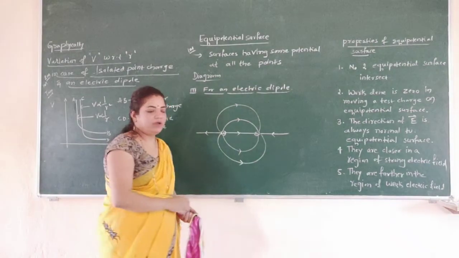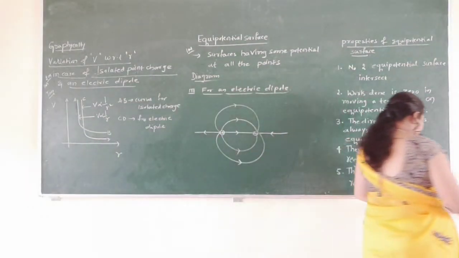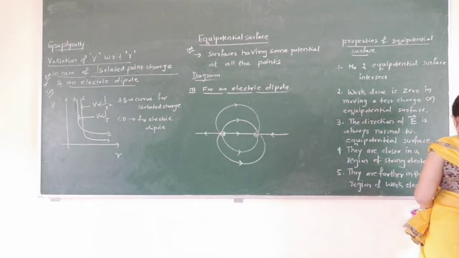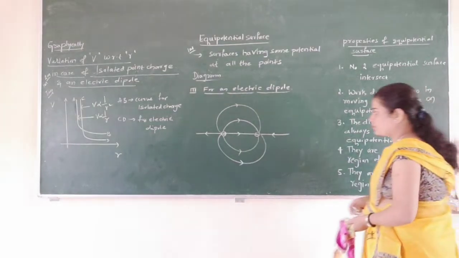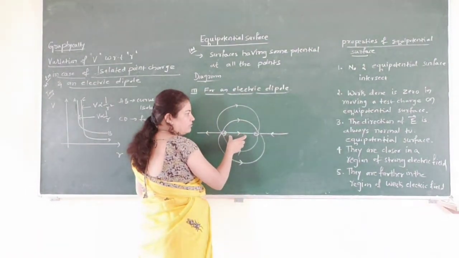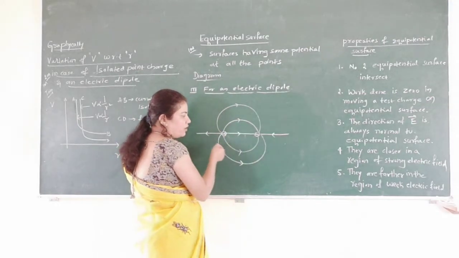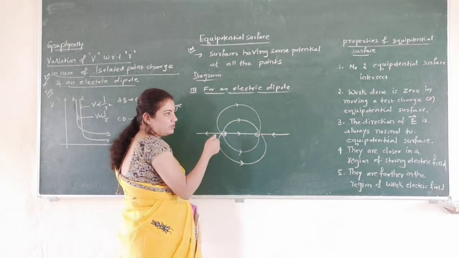So now we will draw equipotential surface. In between these two charges, electric field is strong and here electric field is weak. So inside we should draw the surfaces close to each other.